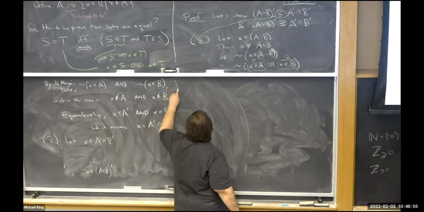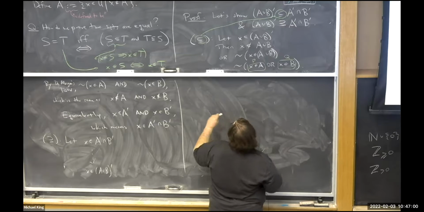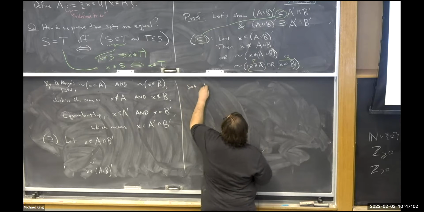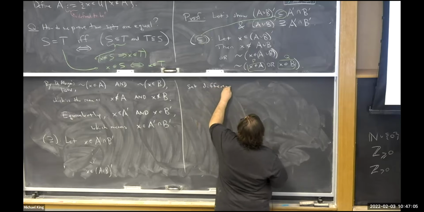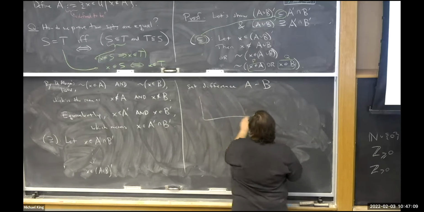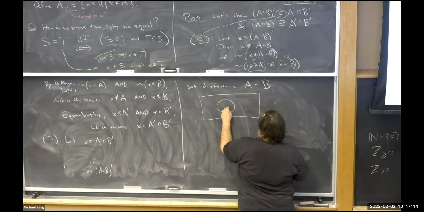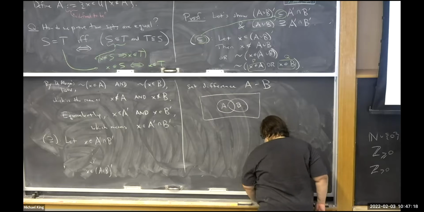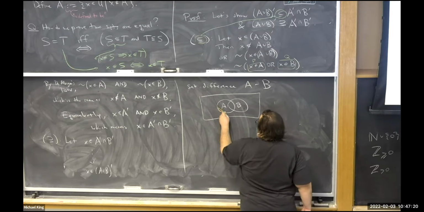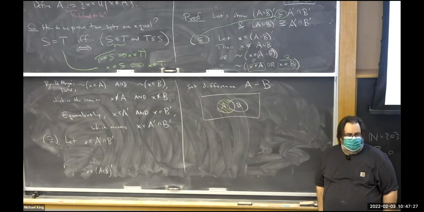I didn't define the set difference. Because some people would like to only do this if B is a subset of A, but here's a more general definition, which is basically if I have my A and B here, then A minus B is this piece, right? That crescent moon shape right there.